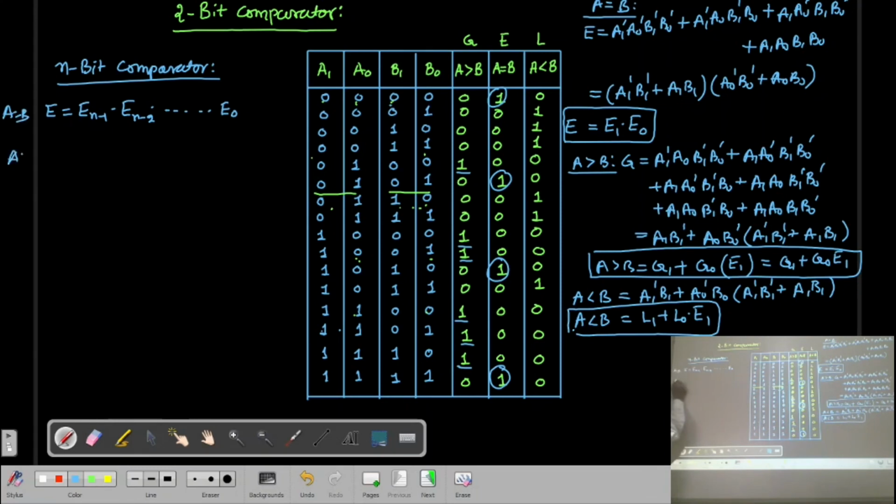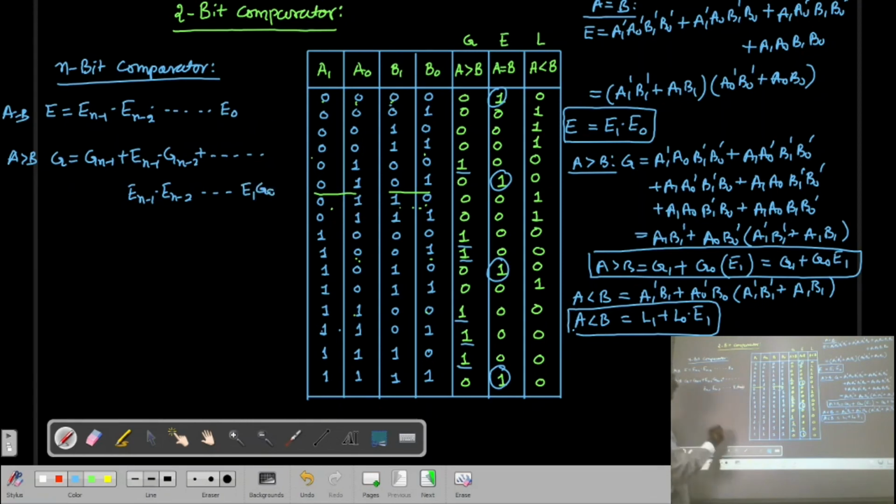Then for A greater than B, this expression will be G(n-1) plus E(n-1) into G(n-2) plus so on, and finally E(n-1), E(n-2), up to E1 G0.